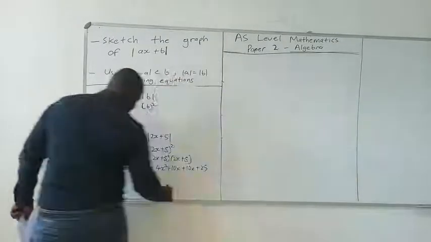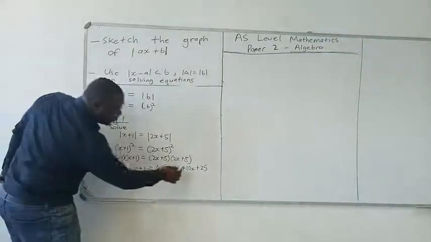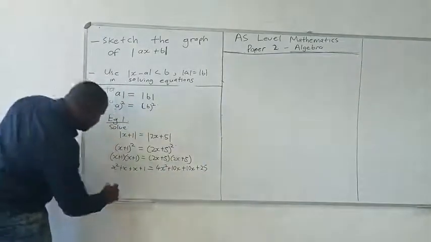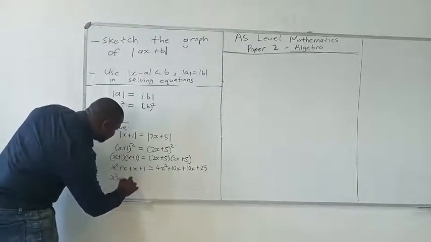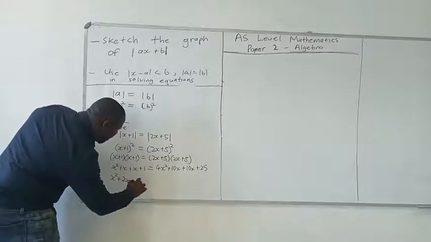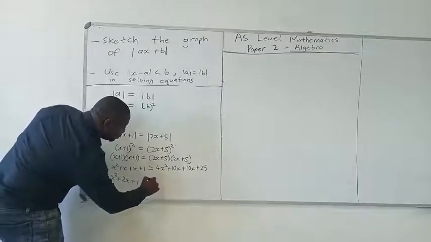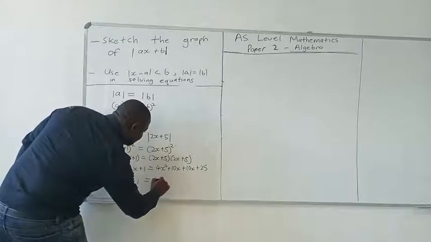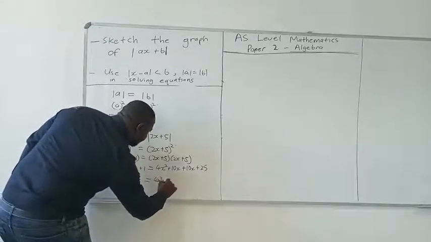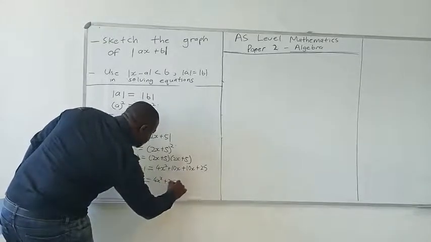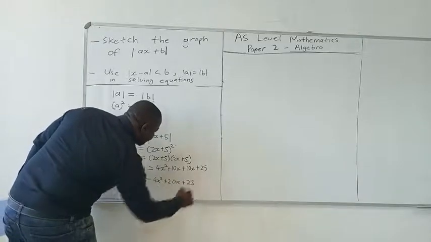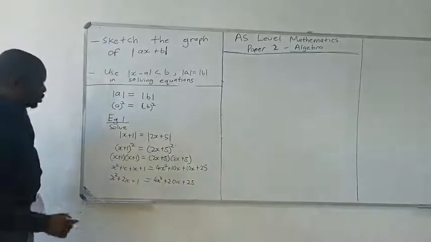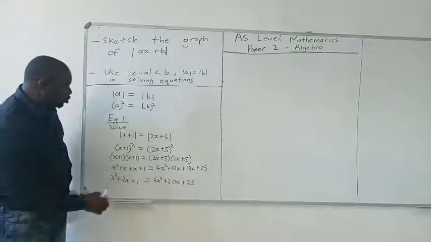We've expanded this side, we've expanded that side. Then we simplify, it becomes x squared plus 2x plus 1 is equal to 4x squared plus 20x plus 25. So this is an equation that we're trying to solve.